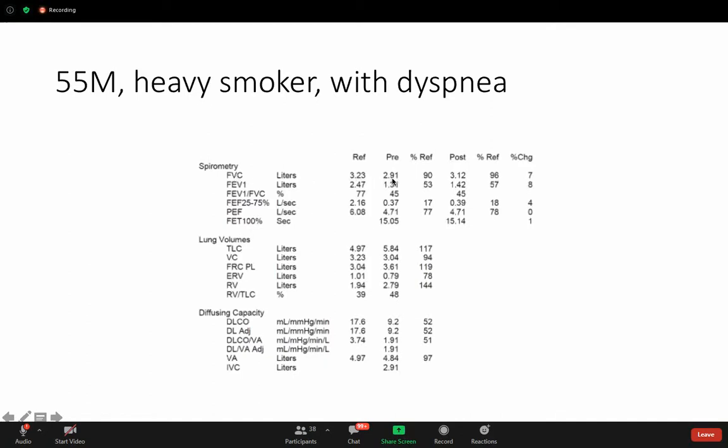So yes, notice 2.9, it became 3.1. And this can happen just by the way the patient sometimes is breathing more, not necessarily the bronchodilators as a response. Okay.